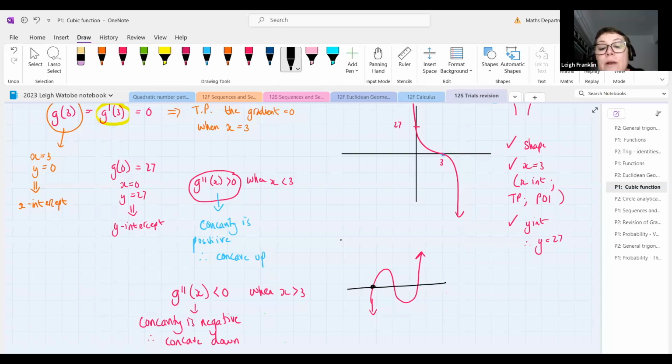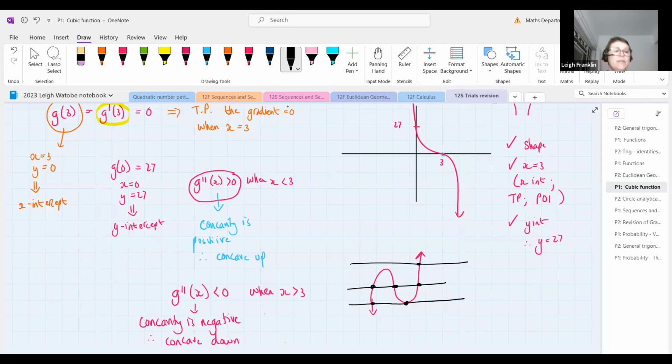Then it would have 1, 2, 3 x-intercepts. But if your x-axis was over here, then it would have 2 x-intercepts. If your x-axis was up here, it would have 1 x-intercept. So it depends on where the graph is on the Cartesian plane.